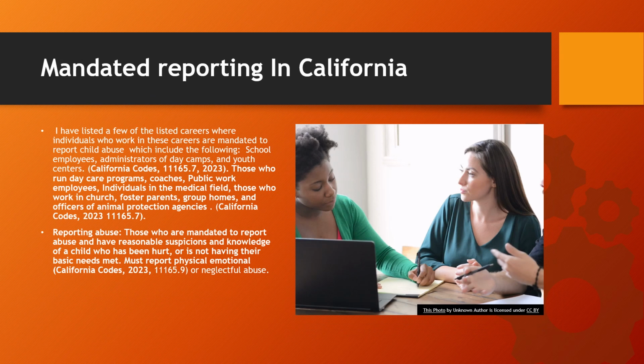Mandated reporting in California. People who are mandated reporters are public and private school employees such as teachers, administrators, school counselors, and principals, but it also includes classified employees such as teachers' assistants, campus security, and others who work in some capacity with children; administrators and employees of day camps, youth centers, and diverse organizations that work directly with children.